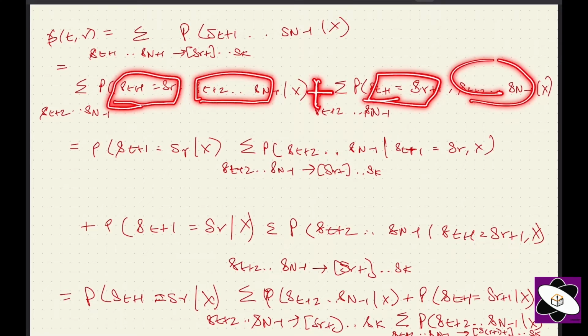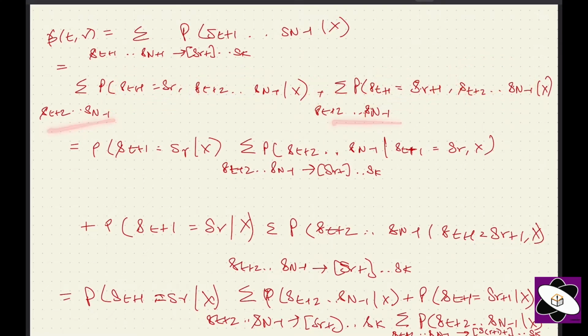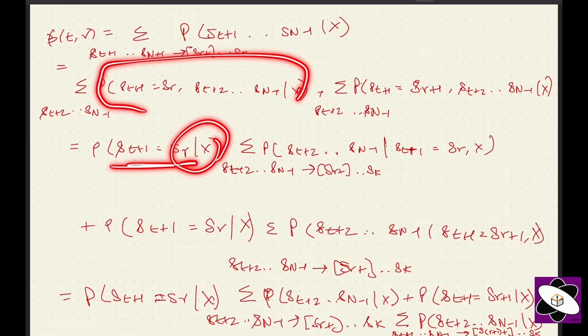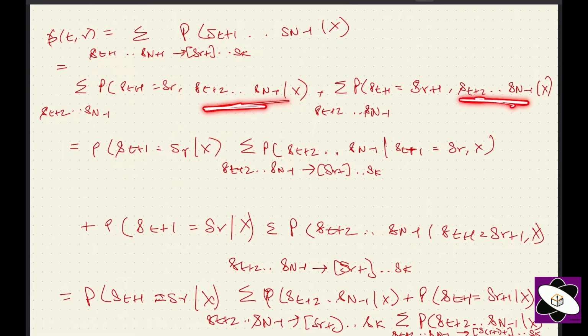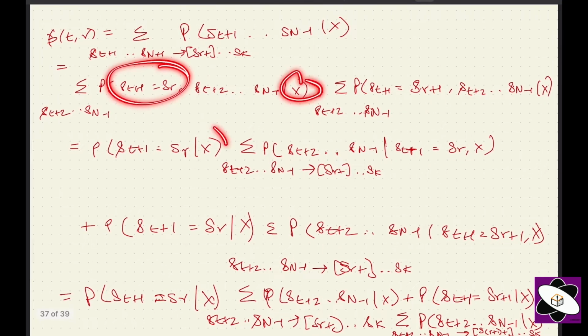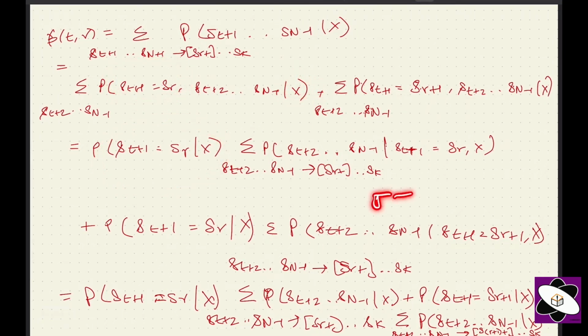So again plus we are having over here these notations, you can see the indices. And then here what we can do is s_{t+1} is equal to Sr given x, this thing we can just take, and this thing is common, right? T+2 that we can just take over here, given s_{t+1} is equal to Sr. So we are just taking this thing and this thing over here, and again joint probability, Bayes theorem, conditional probability, like that.